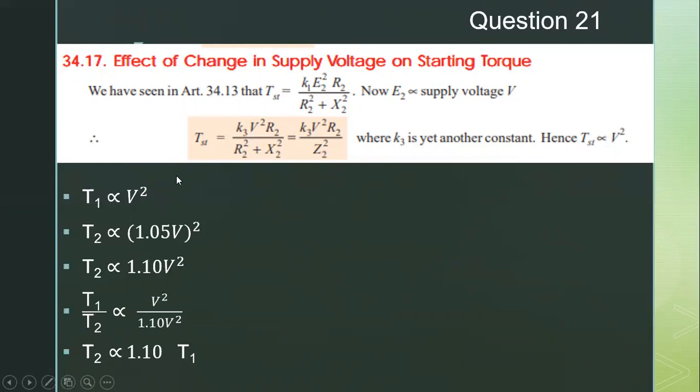So the first condition, you can take T1. T1 means the first condition torque, which is directly proportional to V square. The second condition, T2, is directly proportional to the 5% increased voltage.